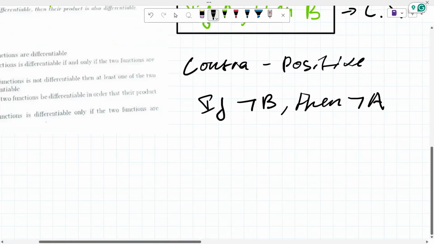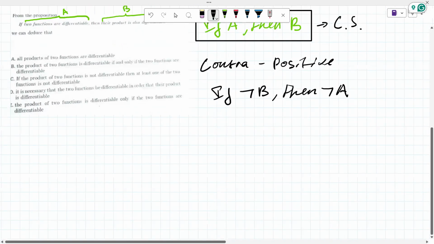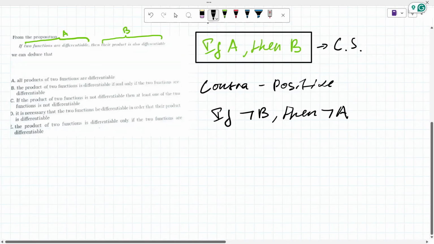And now we need to go from letters to sentences again. The two functions are differentiable was A. B was their product is also differentiable, meaning the product of two functions is also differentiable.